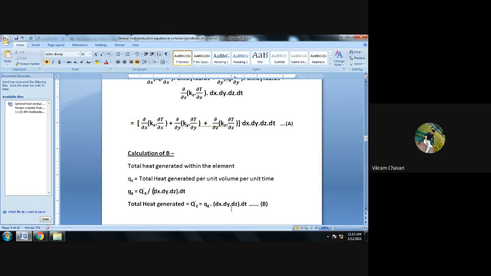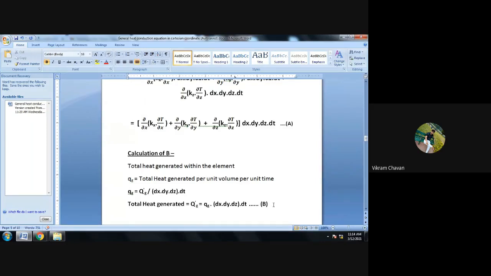The volume of the element is dx multiplied by dy multiplied by dz, multiplied by the time interval dt. So that is our B part of the equation, that is the net heat generated in the element. So write down the B part.